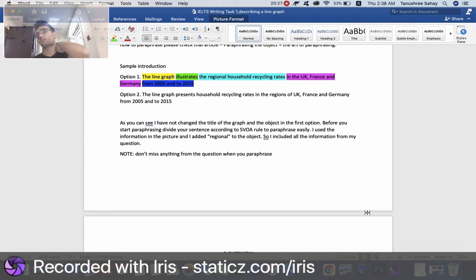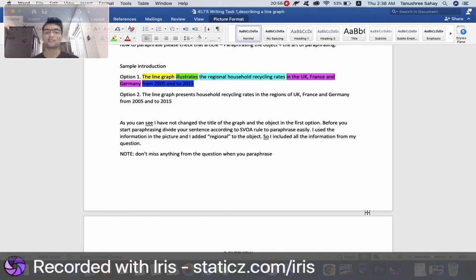Then it would be better to separate into 2 sentences to explain your idea. As you can see, I haven't changed the subject. I changed the object. I paraphrased the verb. I kept the object in the first option, and in the second option I did a little bit of change, and I changed the place adverbial and time adverbial at the same time.